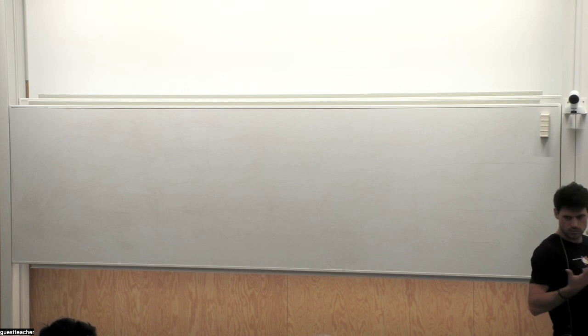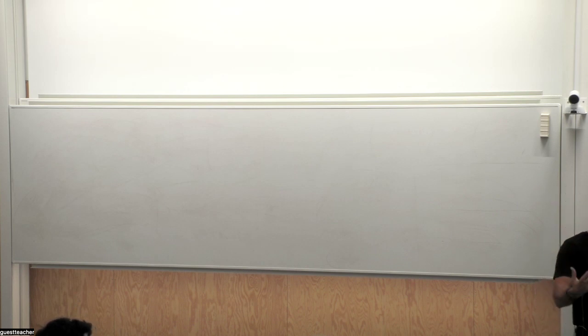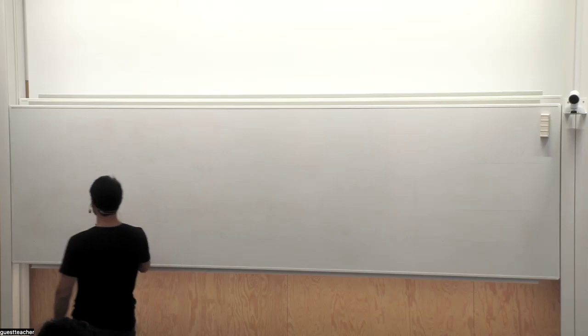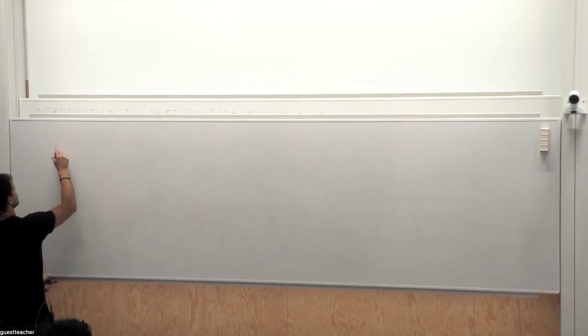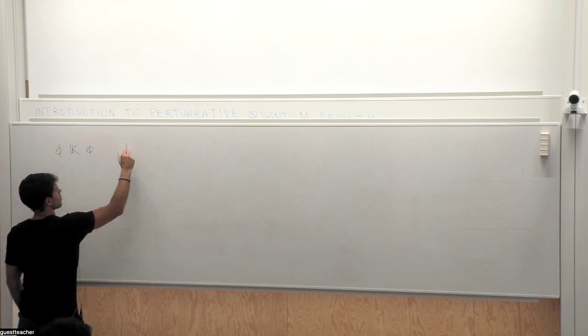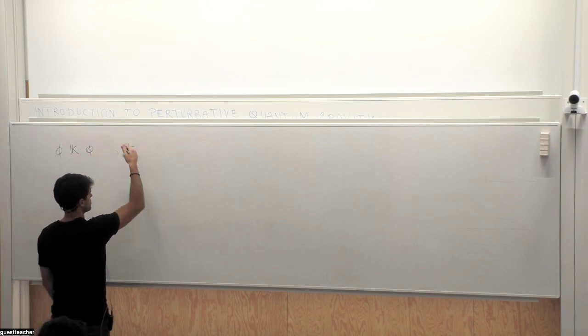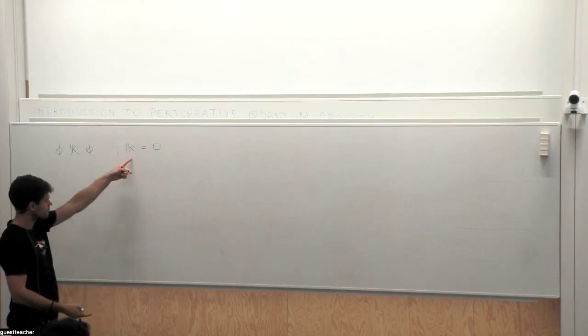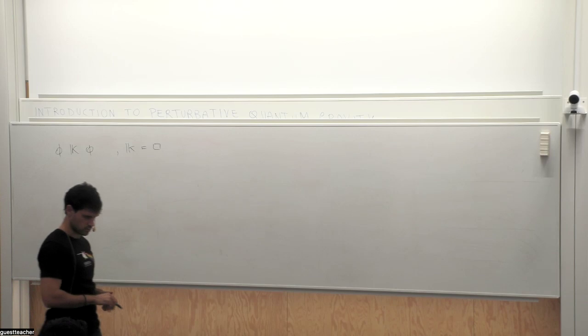And what is the meaning of deriving a graviton propagator? Basically, take the kinetic operator as if you had a scalar field. If you have a scalar field with some kinetic operator K, where K is box in this case, then 1 over box, the inverse of this operator, will be the propagator.